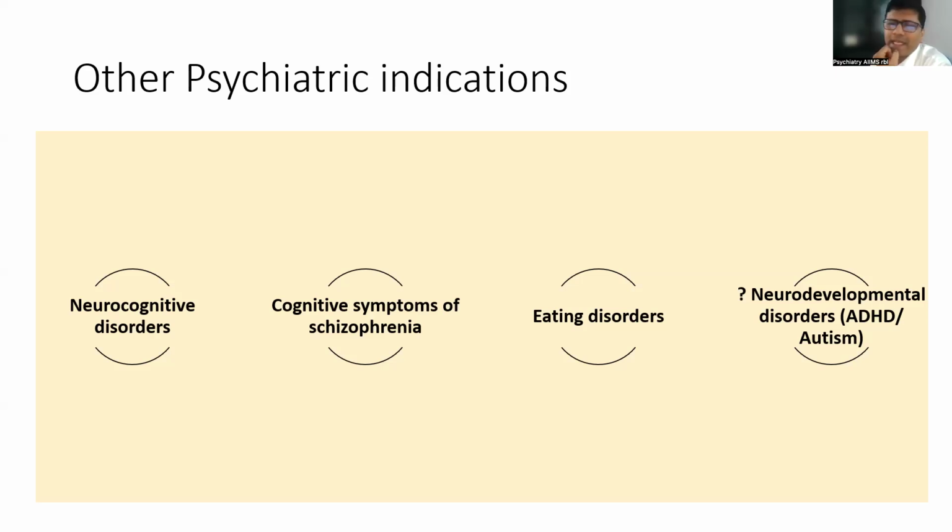The common target area, people say that eating disorder is a cognitive phenomenon. There is a lot of cognitive error associated with self-image and body shape, and usually patients with eating disorder have comorbid depression and anxiety symptoms. So the potential target area becomes the left dorsolateral prefrontal cortex.